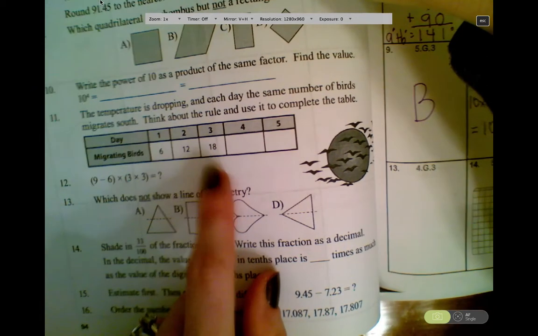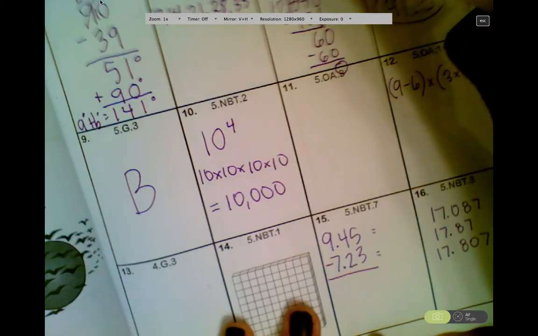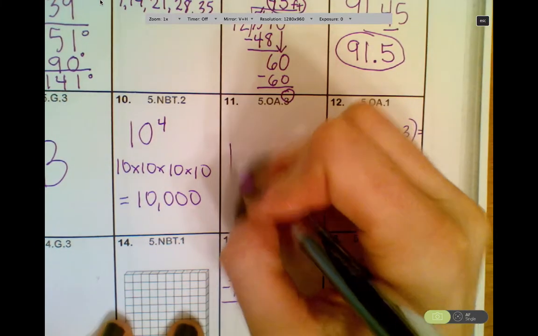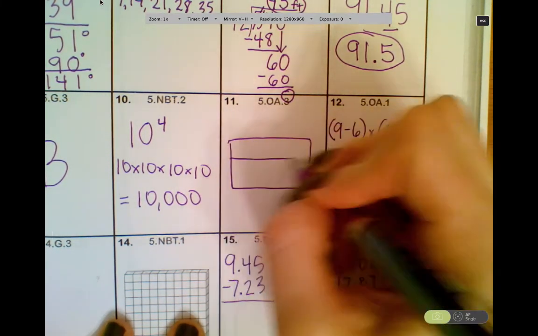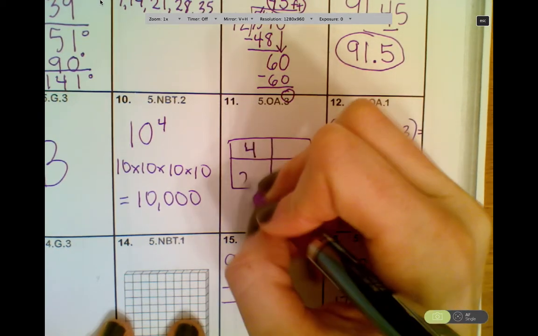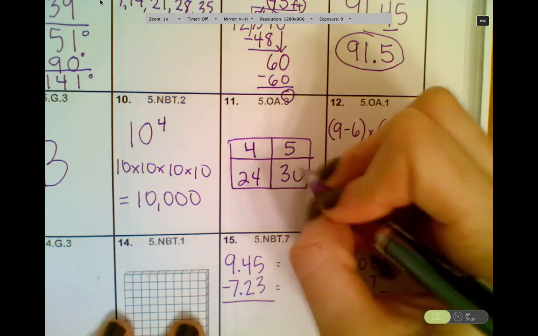The pattern is they're adding 6. So on day 4, make a little chart here. On day 4, there would be 24 birds, and on day 5, there would be 30 birds.